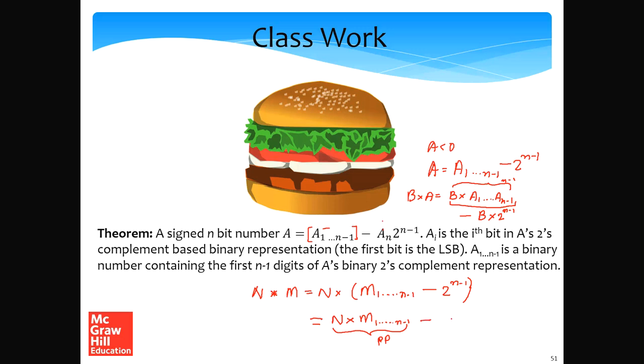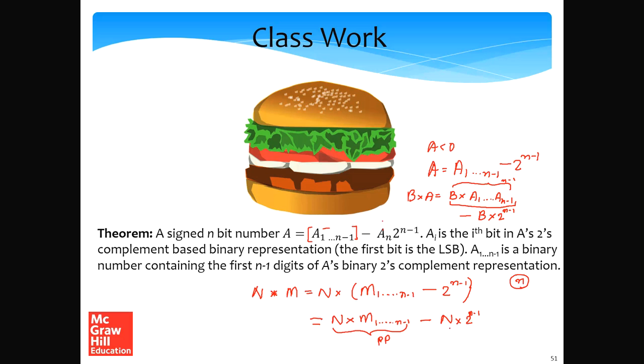After that, we need to subtract the multiplicand shifted by small n minus 1. There's a capital N, which is the multiplicand, and then there is a small n, which is the number of bits in the number system. We want to make this distinction. So it's not the multiplier shifted, it's the multiplicand shifted by small n minus 1 steps, right?